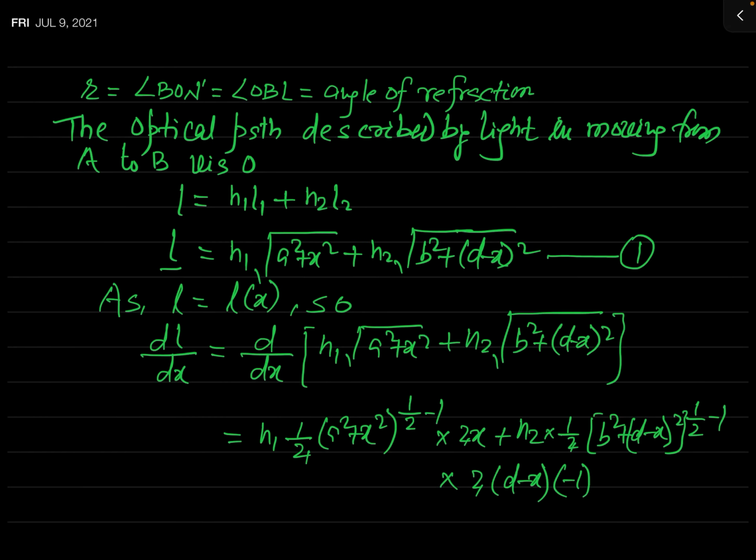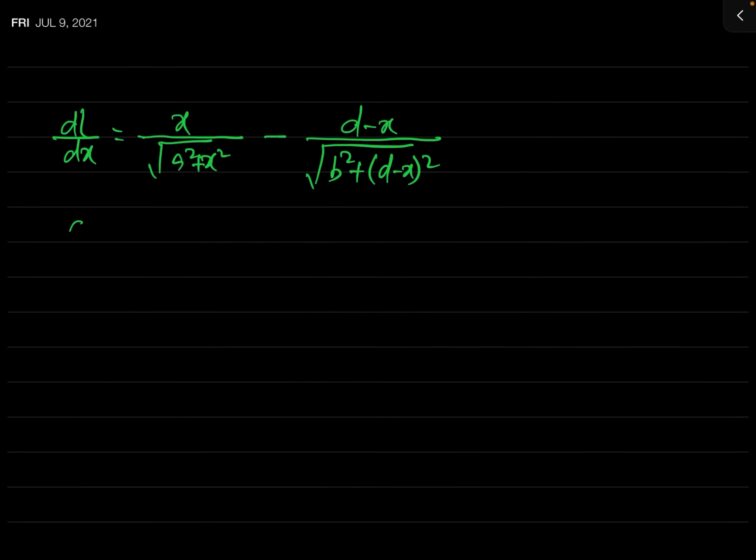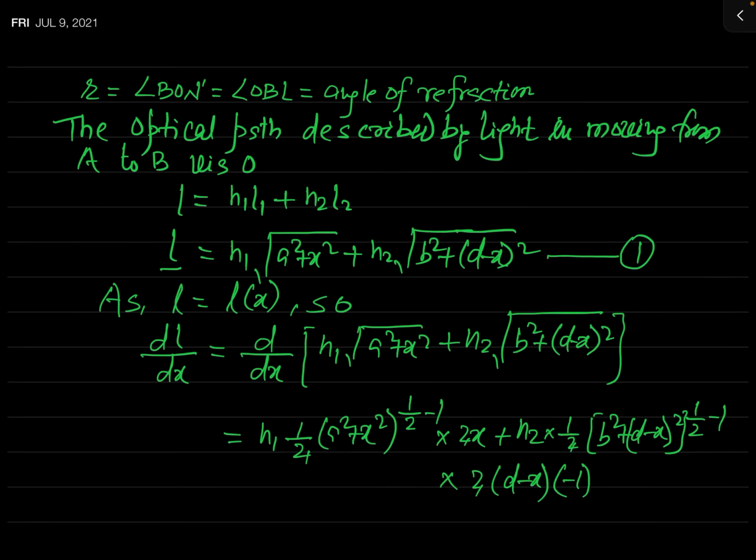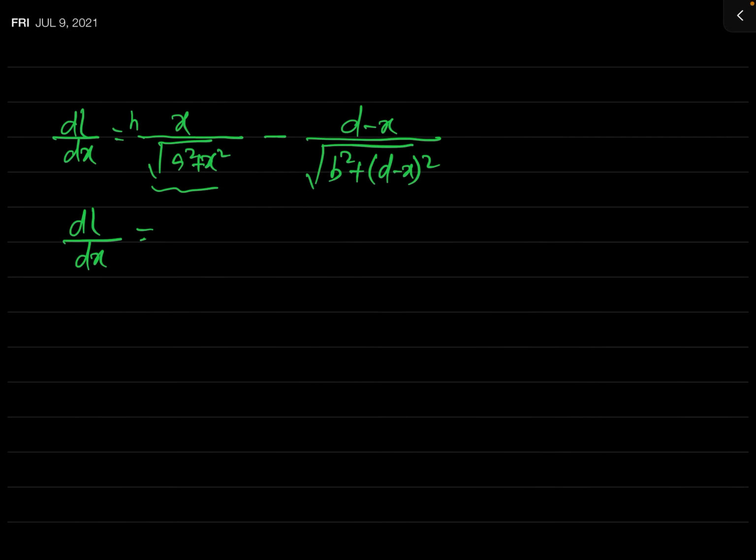So we can replace these by sin i and sin r. Here there are also the refractive indices n1 and n2, so you must write them. So this will be simply n1 sin i minus n2 sin r. Let us say this is equation 2.